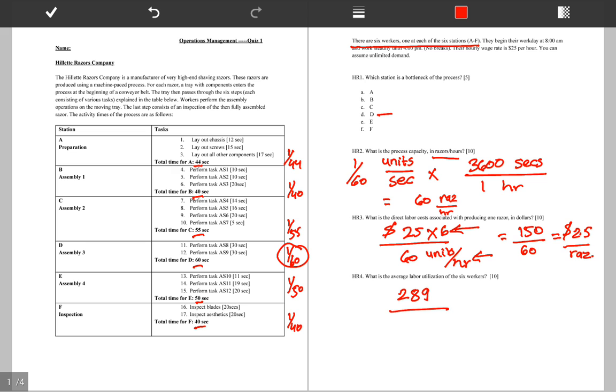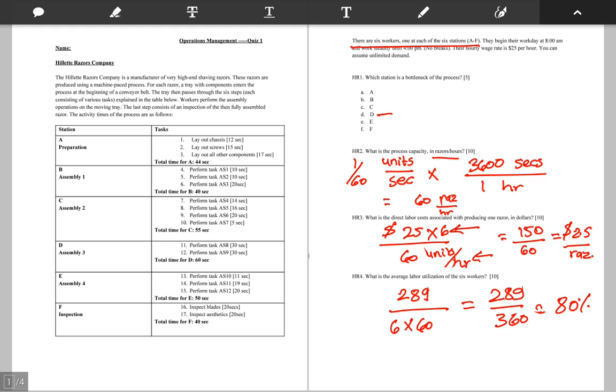That means there is 16 seconds of idle time. The second guy had 20 seconds of idle time. You can do it that way, get all the idle time and add 289 seconds plus idle time. Or you can just say, there are 6 workers and each had 60 seconds possible work time. That is 6 into 60. That is 289 divided by 360, which is about 80%.